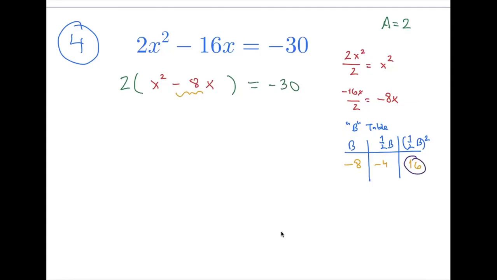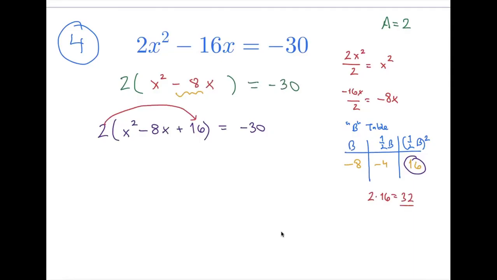Remember that the 16 will be added into the parentheses first. So we're going to have 2 times the parentheses x squared minus 8x plus 16, equals, then on the right side, we have negative 30. But because we added 16 into the parentheses, we have to multiply the 2 that was outside by the 16 that we added on. 2 times 16 is 32, positive 32.